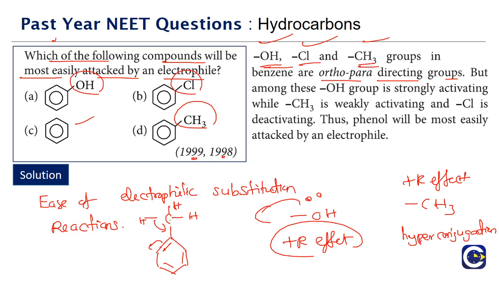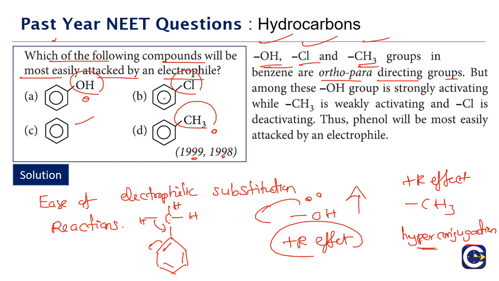So we will see the delocalization of the electrons within the benzene ring. Ortho and para will attain the negative charge, but this effect is more prominent in the case of the OH group, because it is due to the delocalization of the lone pair of electrons on oxygen, while in toluene it is because of the hyperconjugation structures. So in both toluene and phenol the ring will be activated, but it is more activated in phenol.